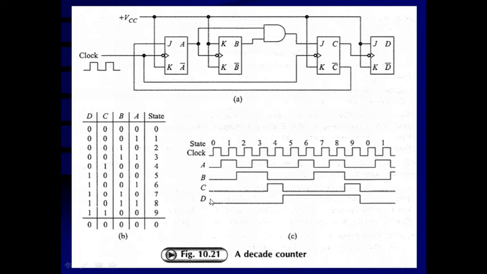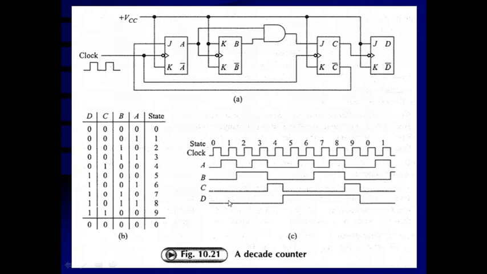D is going to be the MSB and A is going to be the LSB, because we are giving the system clock to flip-flop A. So A becomes LSB and D becomes MSB. So here you can see the table DCBA with the state 0. So 0 0 0 0 prior to any clock pulse, at state or count 0, all are going to be 0.